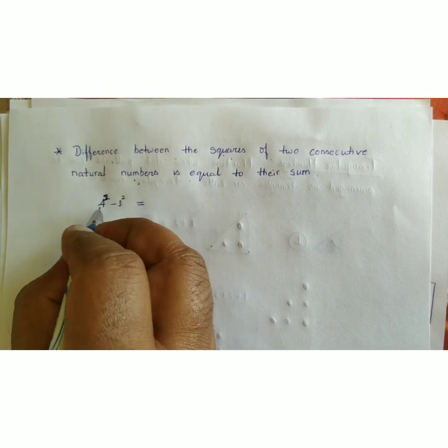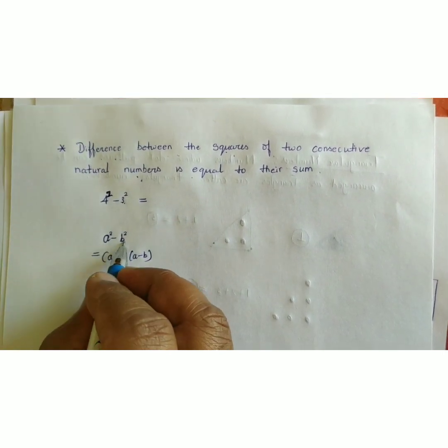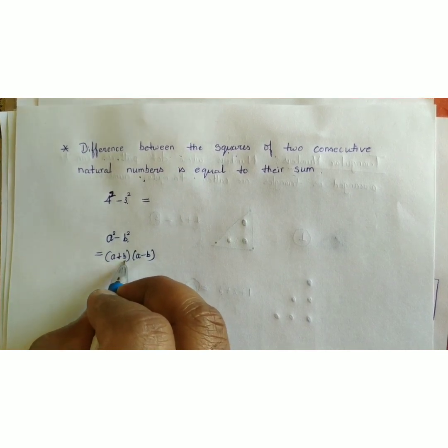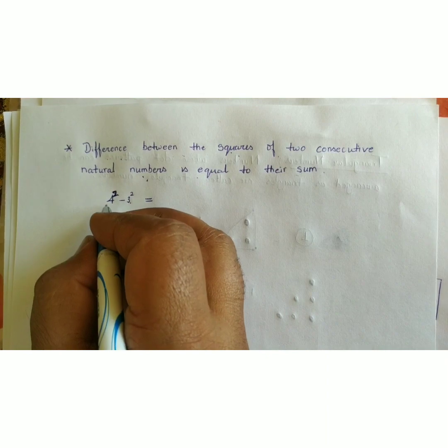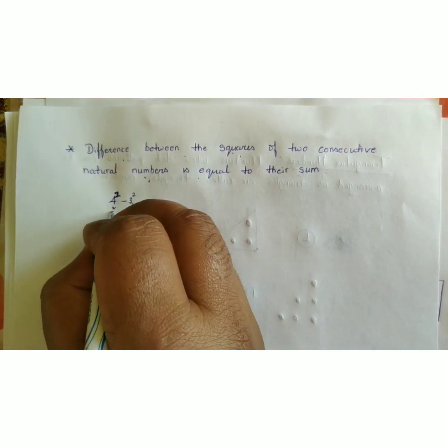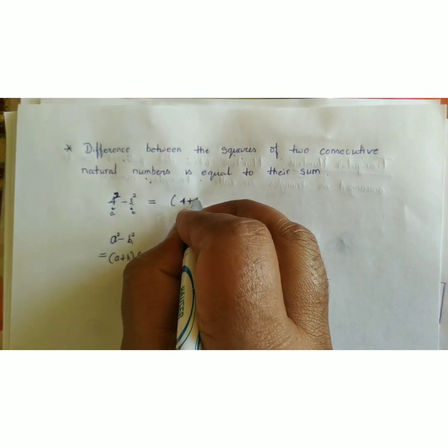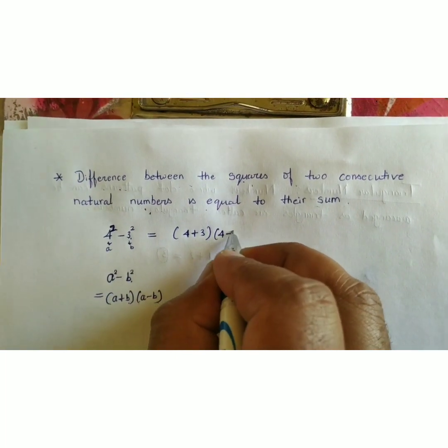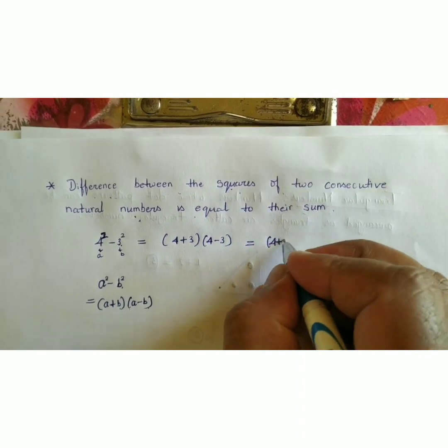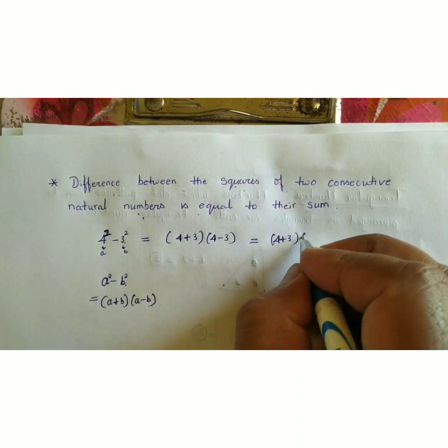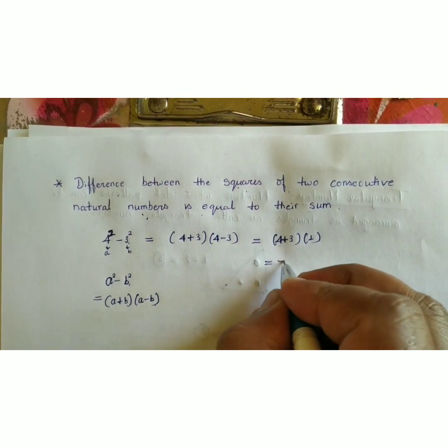For example, 4 square minus 3 square. Now we know that a square minus b square is equal to a plus b into a minus b. Here we have 4 as a and 3 as b. So we can write 4 plus 3 and 4 minus 3. 4 plus 3 is 7 and 4 minus 3 is 1, 7 times 1 is 7.